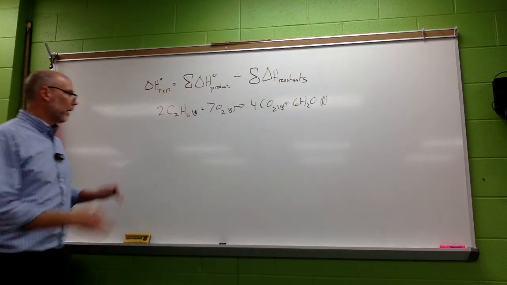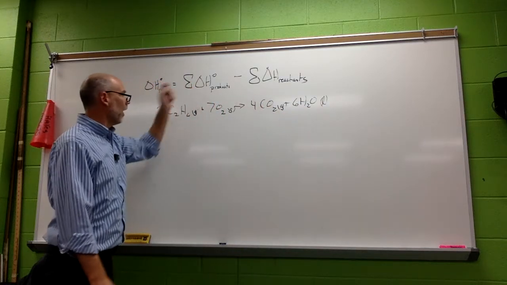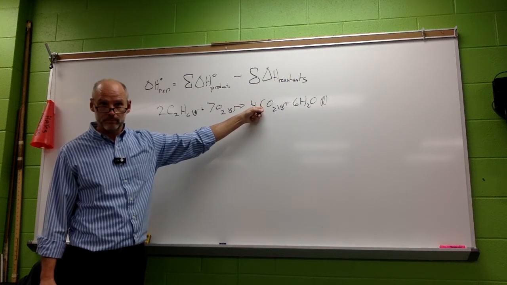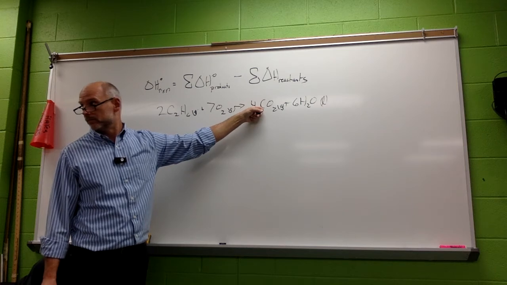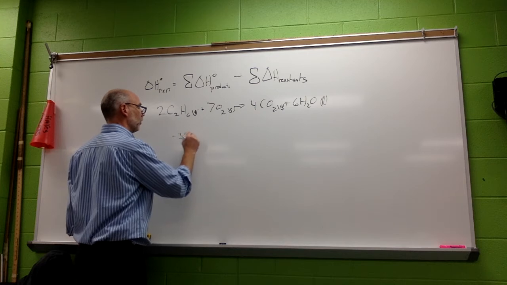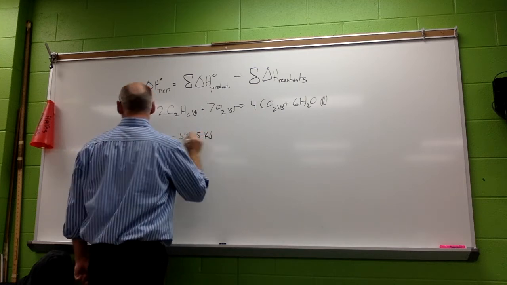Okay, so my products are the carbon dioxide and waters, right? So I'm going to have to multiply whatever carbon dioxide is. Did you guys find it yet? Negative 393.5 kilojoules, right?